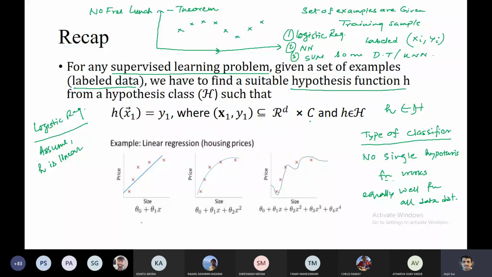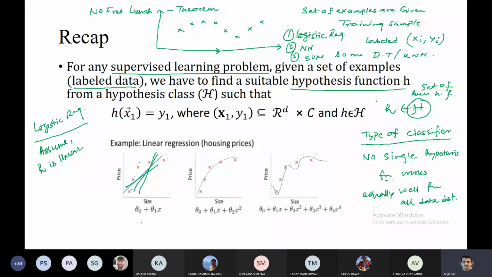Even if it's a single line, multiple such lines are possible. So we have H, a set of such hypothesis functions.